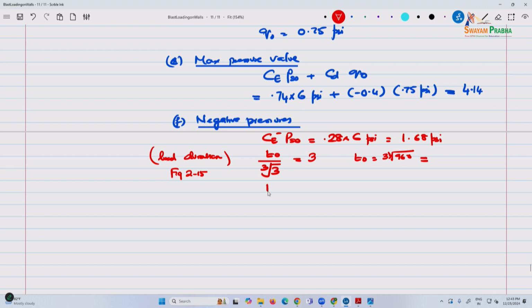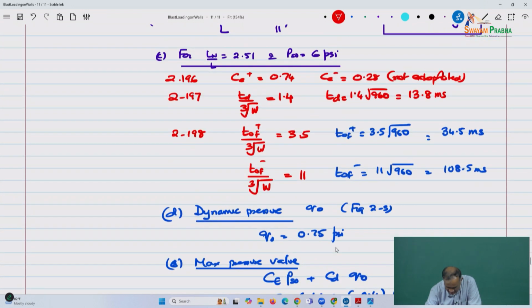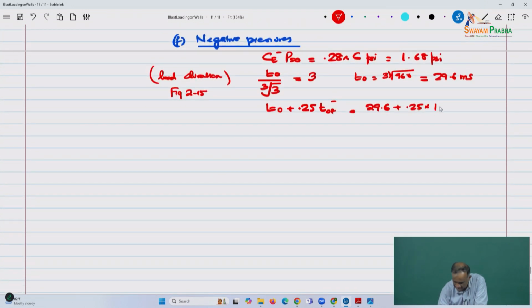And if you calculate that, now T naught plus 0.5 TOF negative. How much is this? 29.6. So this is 29.6 plus 0.25, then multiplied by, we calculated that to be 108.5. And T naught plus TOF negative is 29.6 plus.